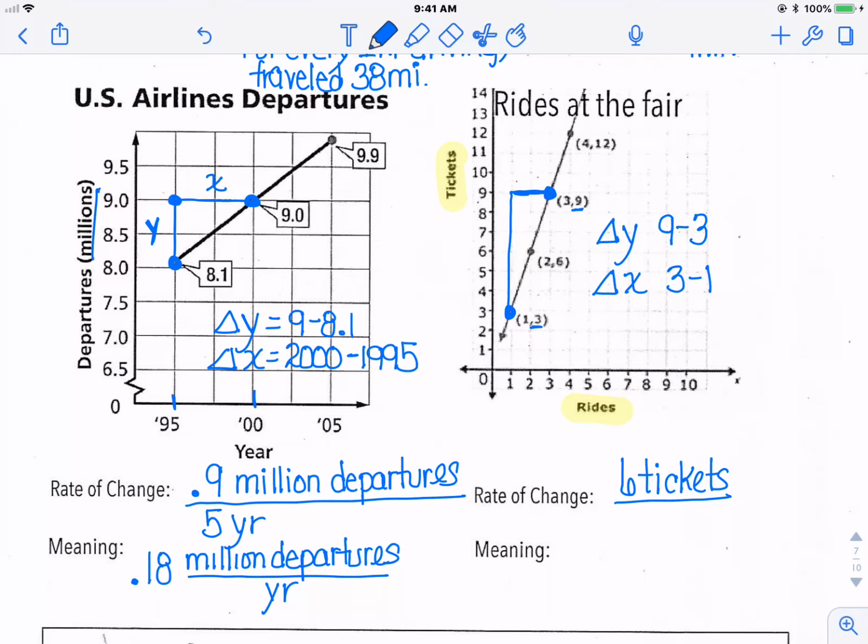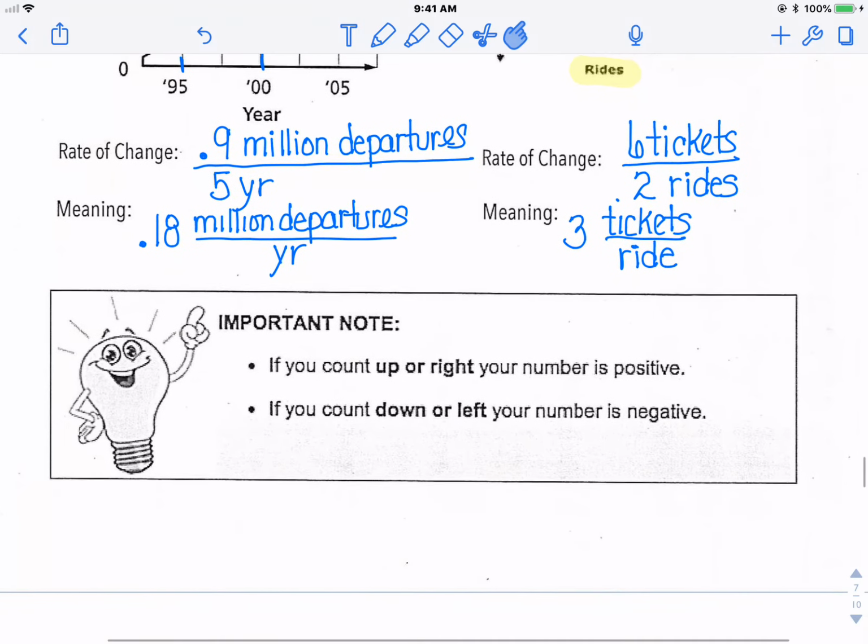So 3 minus 1, it went up 6 tickets for every 2 extra rides I chose. So the meaning is that it's 3 tickets, I divided 6 by 2 to simplify, per ride. Every time I want to increase 1 more ride at the fair, I've got to pay 3 more tickets. So this is telling me how 2 quantities compare over time.